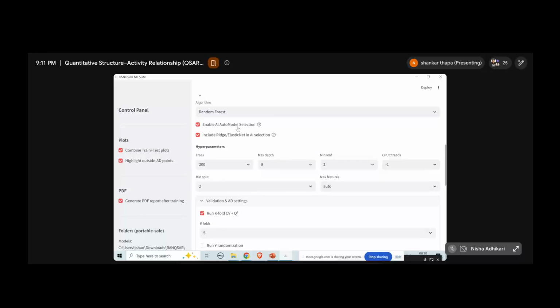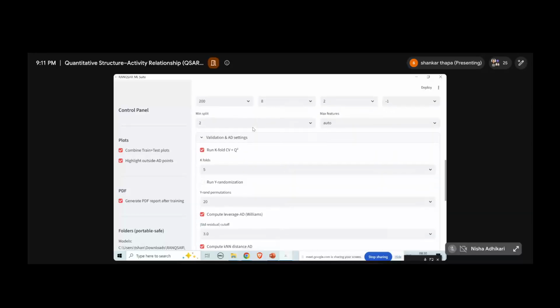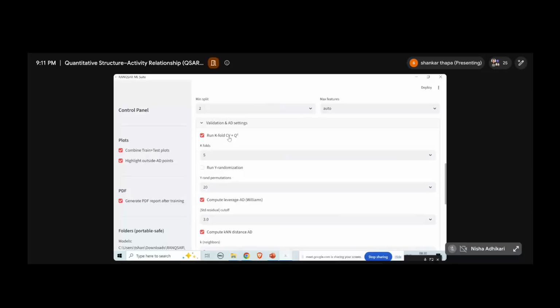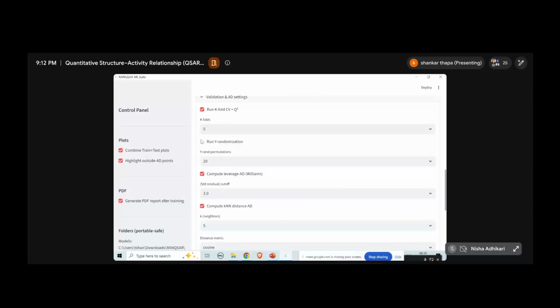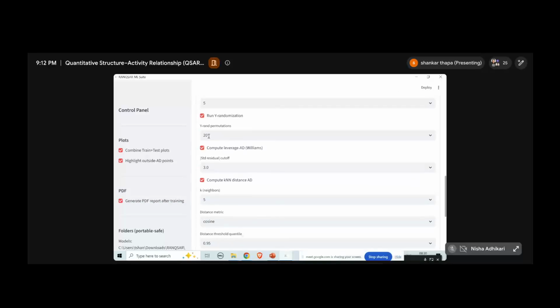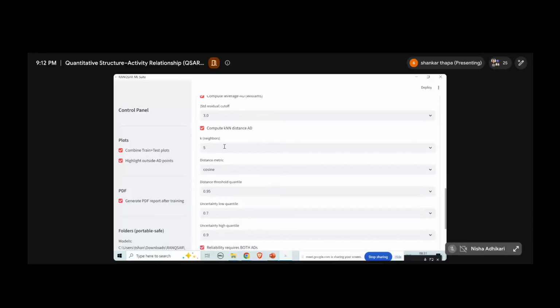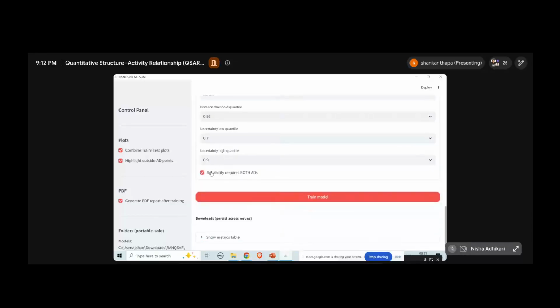After developing the QSAR models, we have to validate them. For validation, what we need is as per the OECD guideline. I told you randomization is very important, so check this one also. How many permutations do you need? These permutations mean 20 times it will find out the chance correlations. So check all these parameters and let it be.